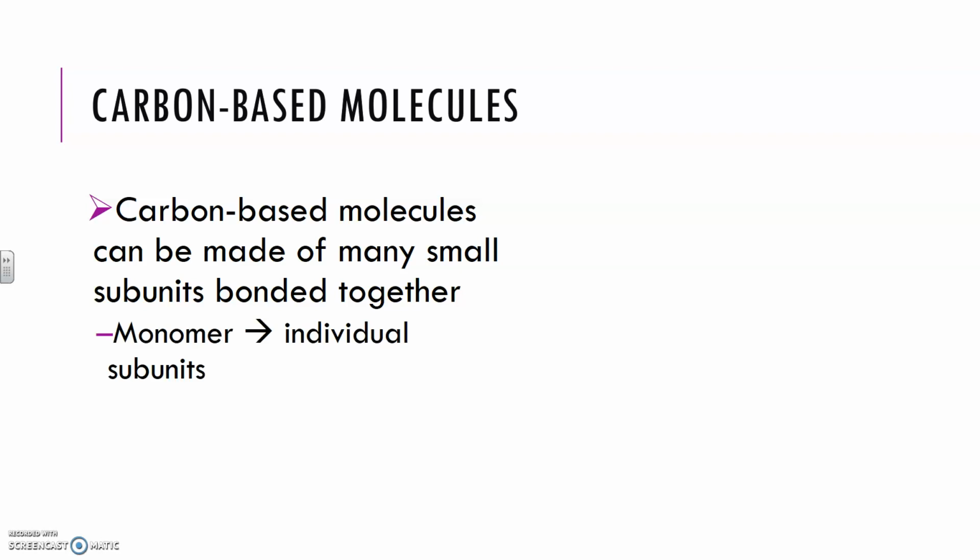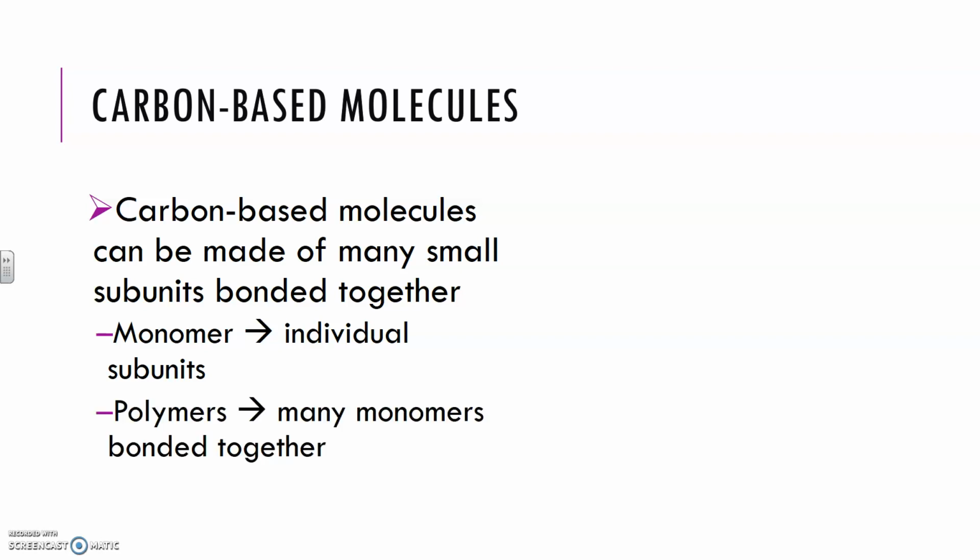The monomer is the individual subunit. It's basically the repeating subunit, or the one complete unit that gets bonded together.